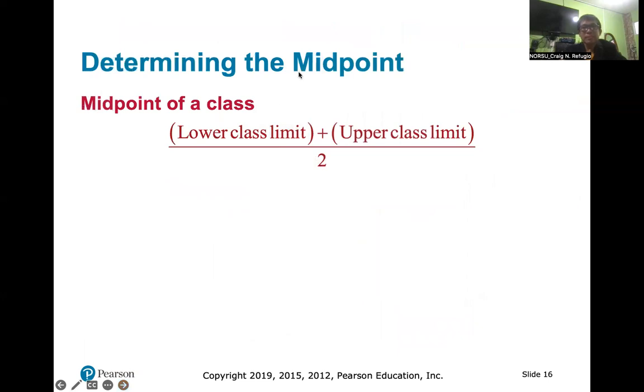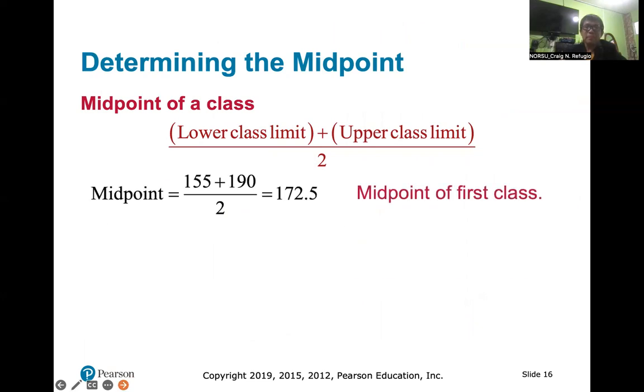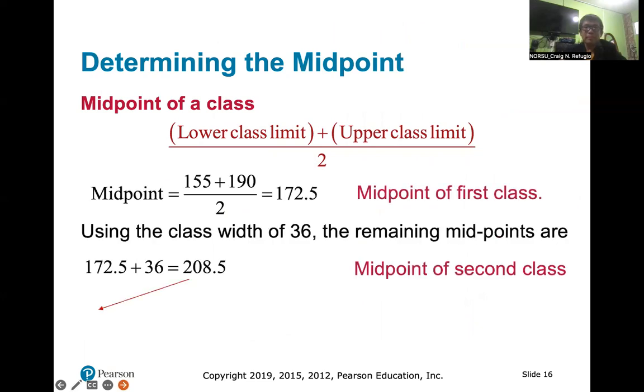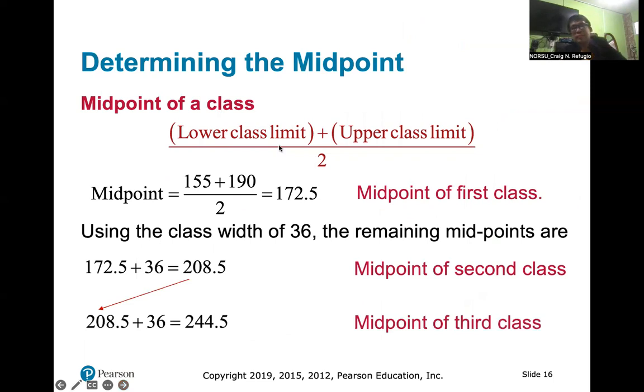Then determining the midpoints. How are we going to calculate the midpoints? The midpoint is actually the lower class limit plus the upper class limit, divided by 2. For the first one, 155 plus 190, then divided by 2, so we have 172.5.